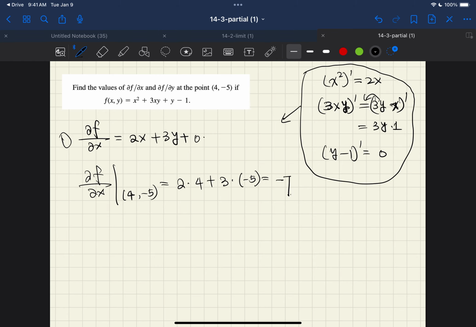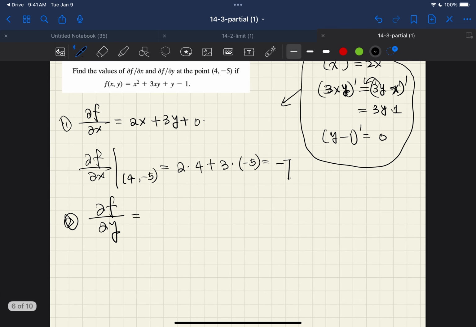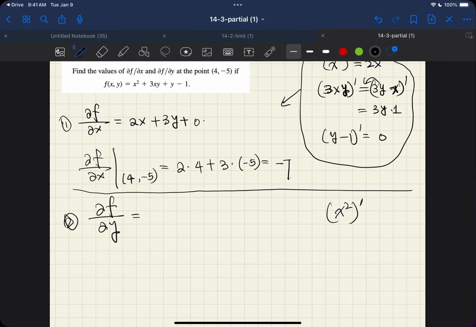The second question, what about the partial derivative with respect to y? Then again, term by term. What is x squared prime? Here by prime, I mean the y derivative. So in other words, x is frozen, just like 2.